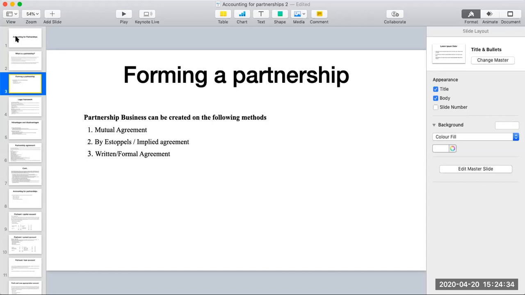Or else, the most common way of forming a partnership is having a written agreement. This agreement will clearly mention the rules that the partners have to consider in conducting and managing the business.